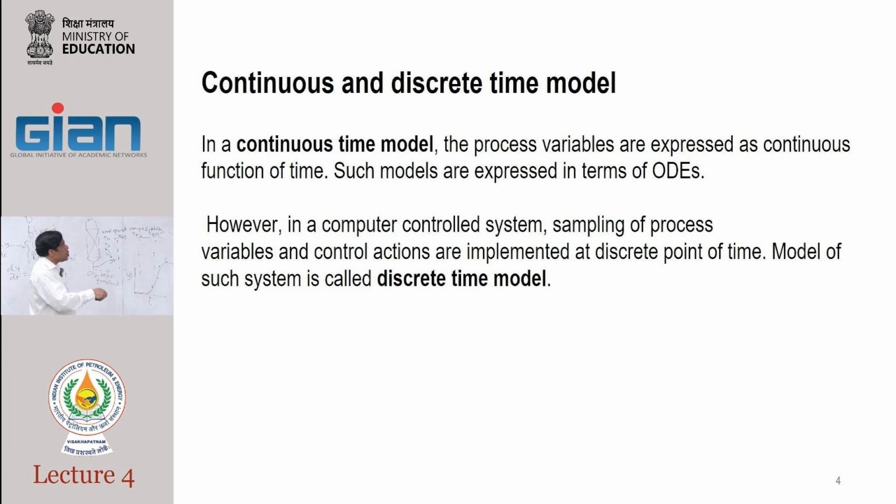In computer controlled systems, often what we get is sampling of the variables at discrete points of time. Does this overall approach have any merit? We always say that this is continuous time and Aspen is solving it in continuous time, or any solver like MATLAB or Pyomo is solving in continuous time.